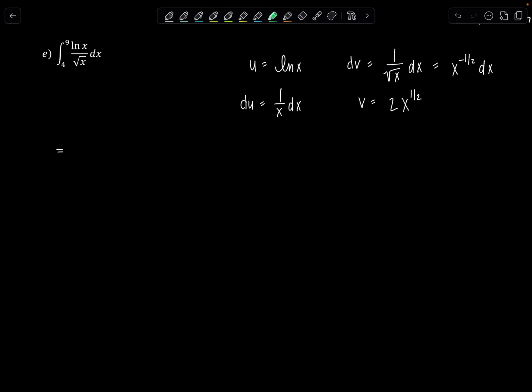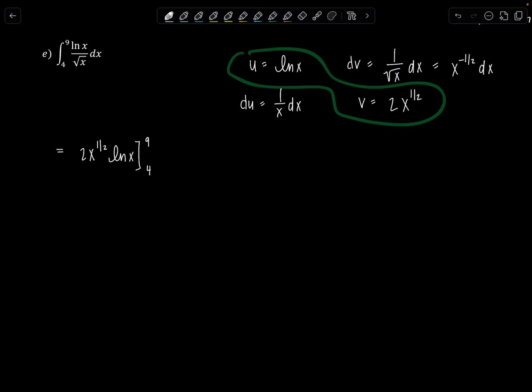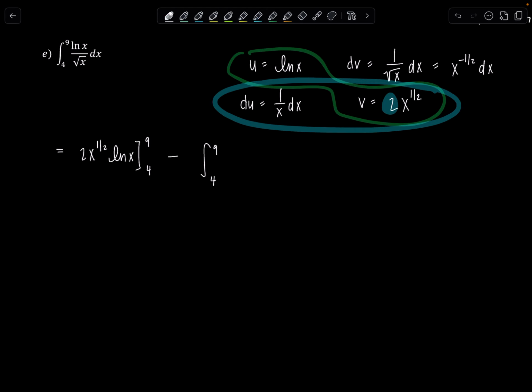Here we go. uv: 2x to the 1/2 ln of x, evaluated from 4 to 9, minus integral 4 to 9 of v du. I always take the constant outside, and then you have 1 over x times x to the 1/2 dx.